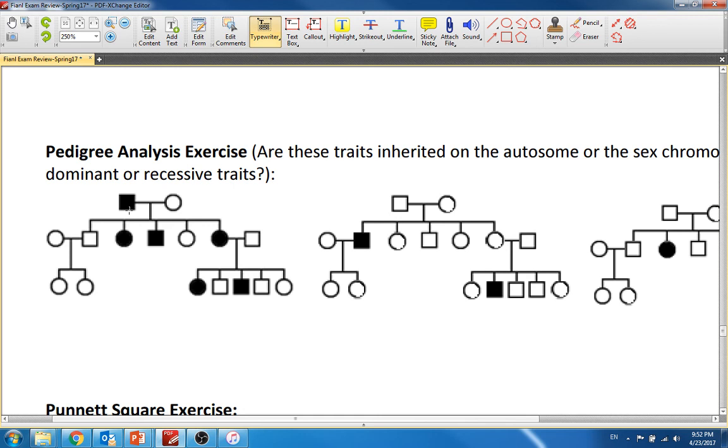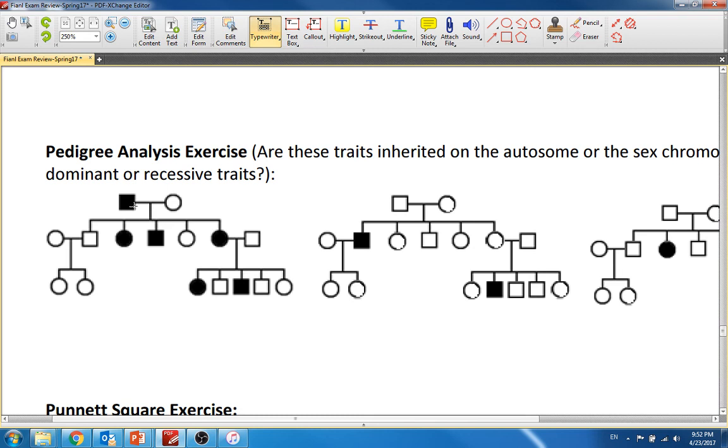But let's say it's autosomal recessive, and that means the father here has 2 lowercase letters. The mother may have 1 lowercase and 1 uppercase, or 2 uppercase. It would be possible. So either dominant or recessive can make sense.